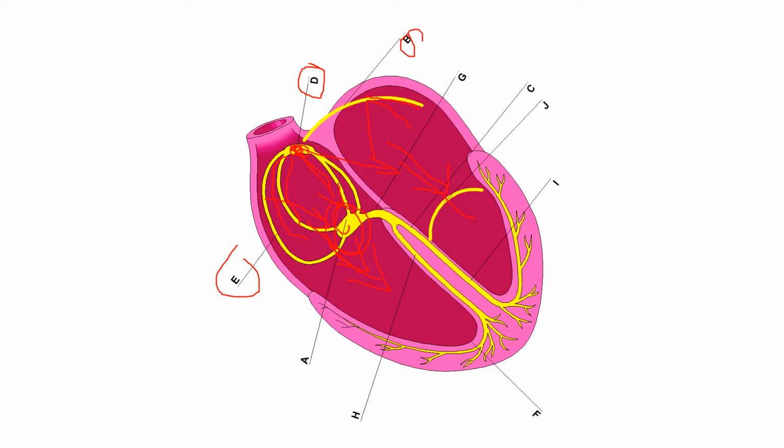Once that has occurred, the AV node will then send down G, your bundle of His, in the septum of the heart, and it'll travel down the right and left bundles.